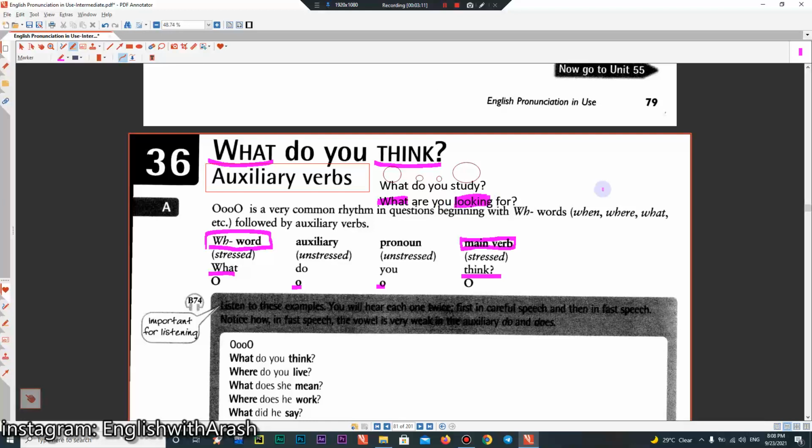What are you looking for? What are you asking for? So you see, again, the WH word and the main verb get the stress. This is not always, but it is a very common pronunciation pattern. So I say, what are you looking for? Or what do you want? Like this.